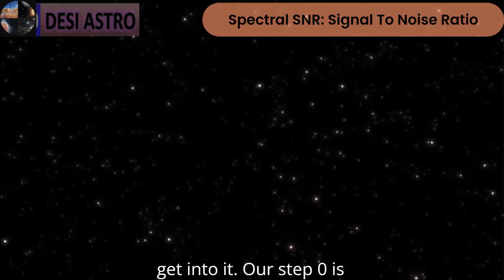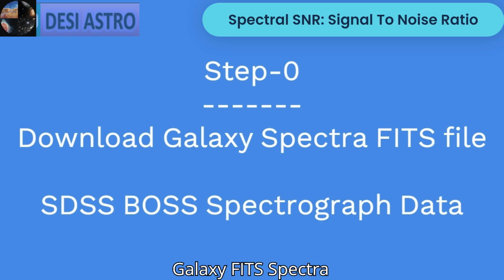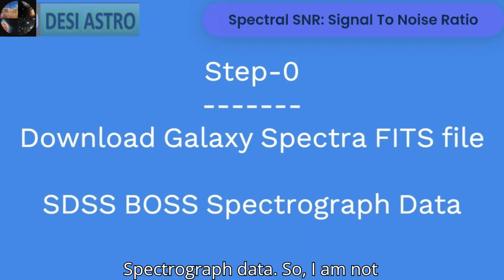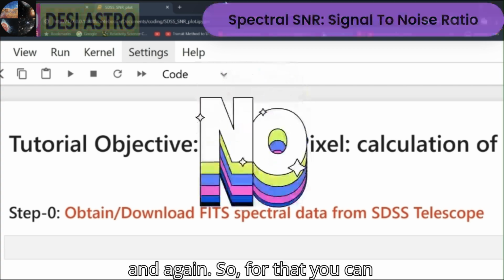Our step 0 is to download our galaxy FITS spectral file from the Sloan Digital Sky Survey BOSS spectrograph data. I'm not going to download these FITS spectra again and again.